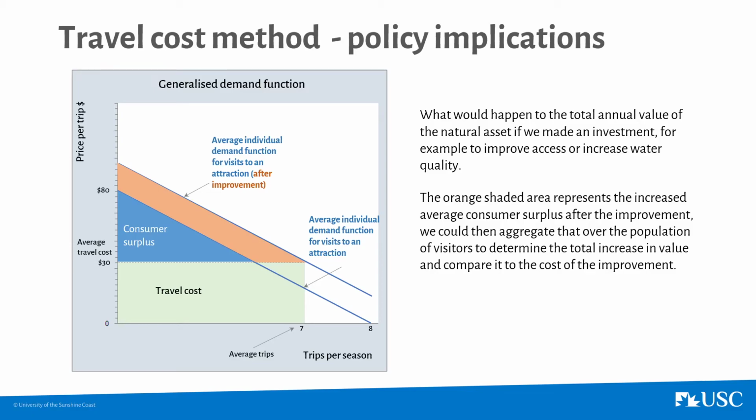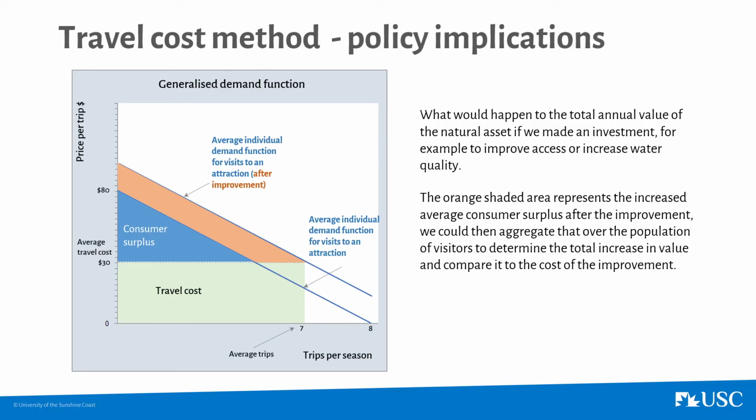Or what if we provided additional amenities, like more park benches, or more barbecues, or if we increased parking? So we can look at, what if we were to make some investment to improve the characteristics of that overall experience? Well, we know that when we improve the quality of something, for the same price, people will demand more for it. The market will demand more for it.